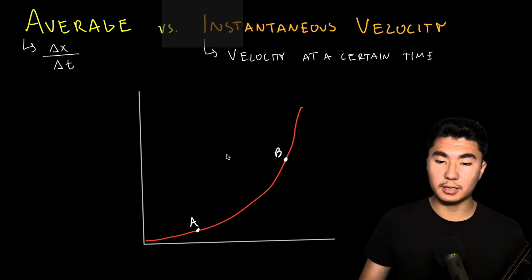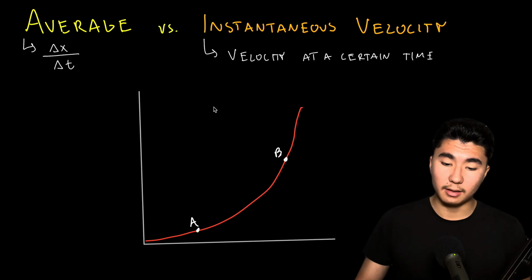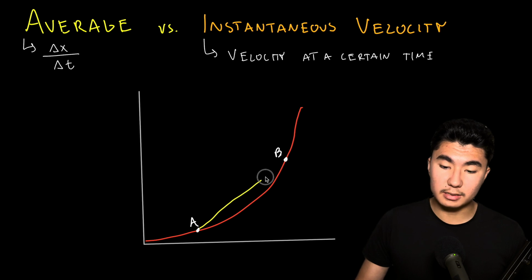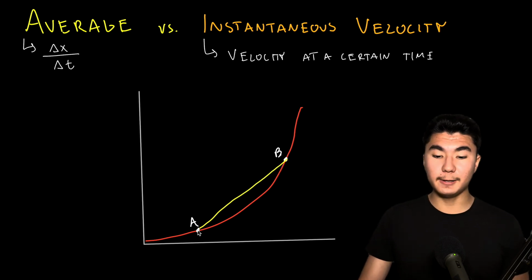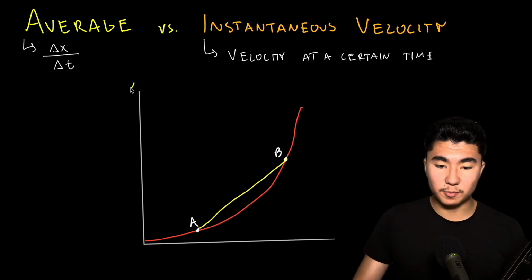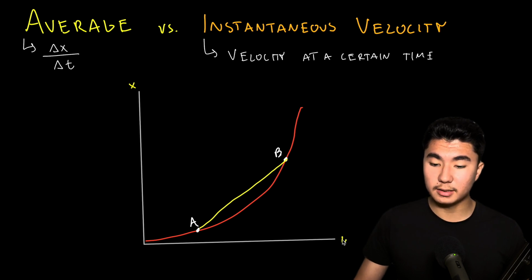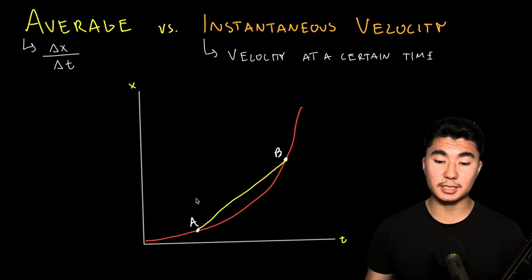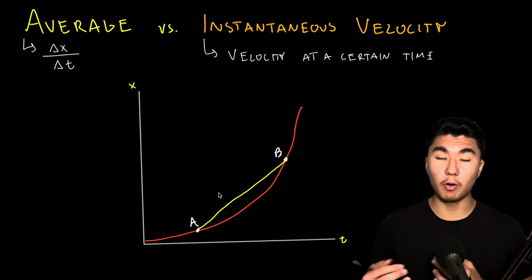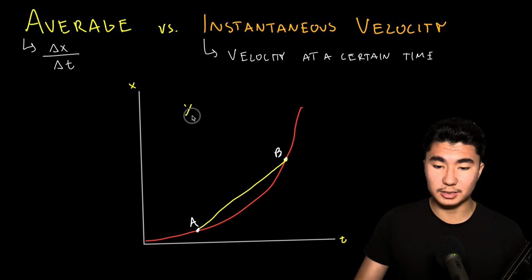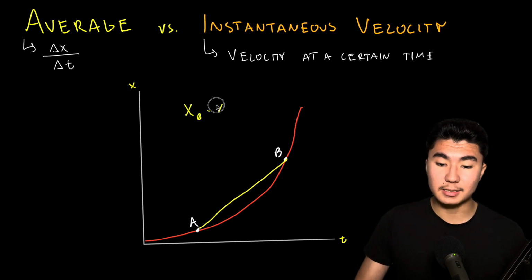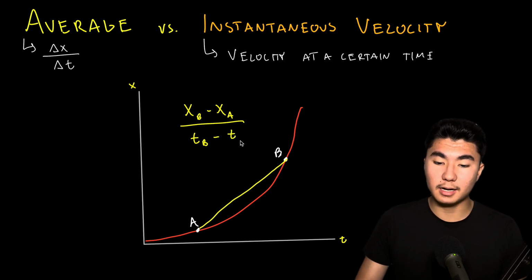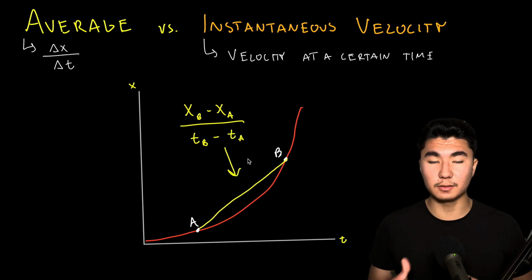Average velocity is going to be the slope from position A to position B. This represents x, this represents t, so this is our position over time. To find our average velocity, it's x_B minus x_A over the time at B minus the time at A, and this would be our average velocity.